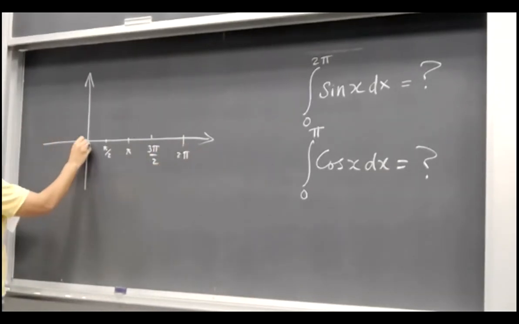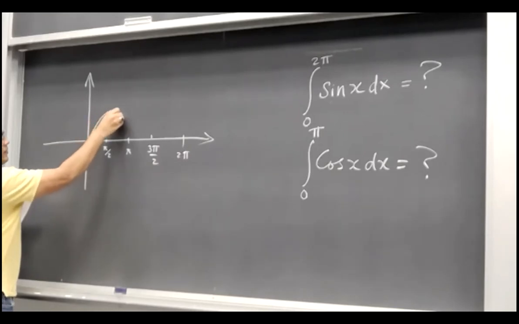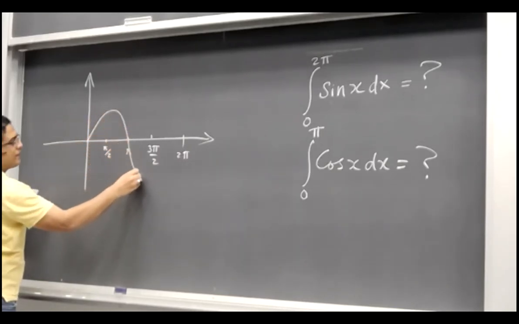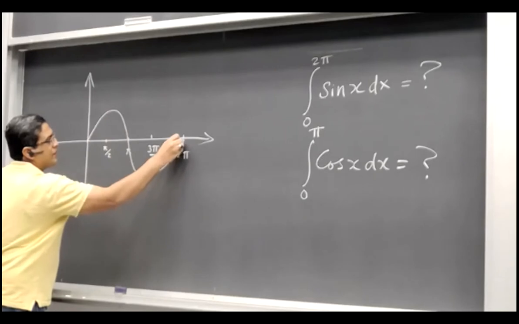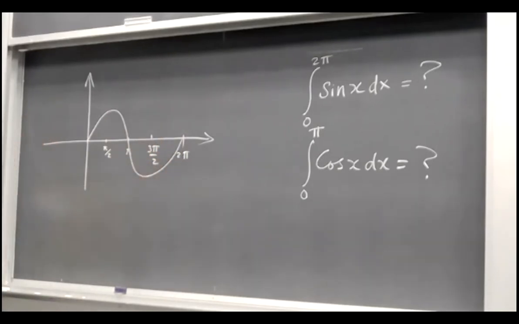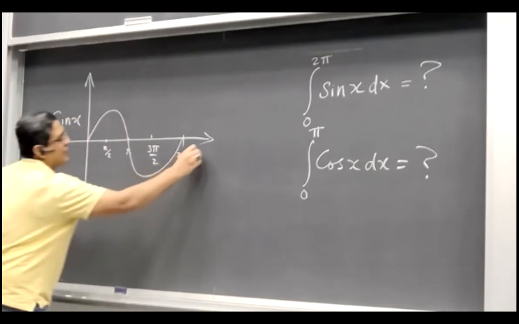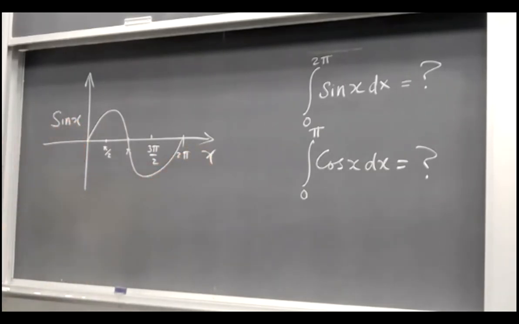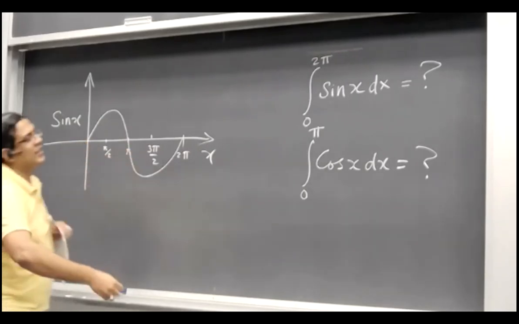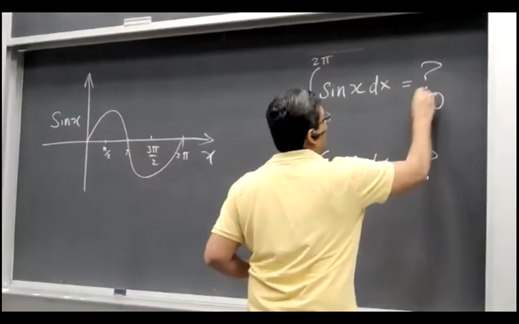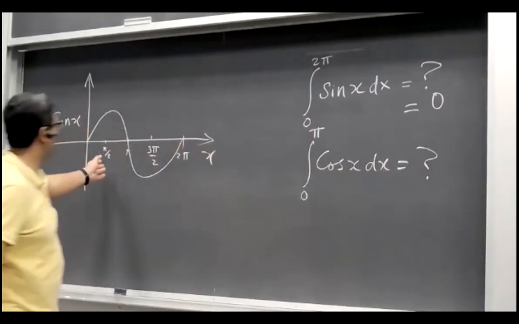So the period is 2 pi. It goes like this. All right. Now, do we really need to do this integration, or do we already know the answer? But it's important, the limits. 0 to 2 pi. This integral is 0. You don't really need to do it. You know it just by looking at the graph.